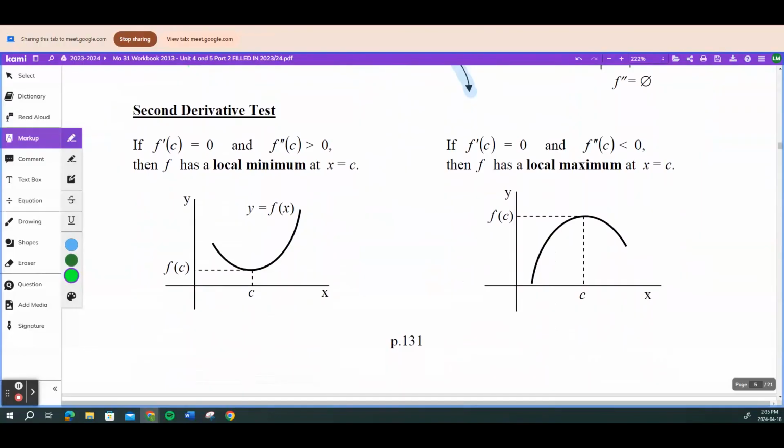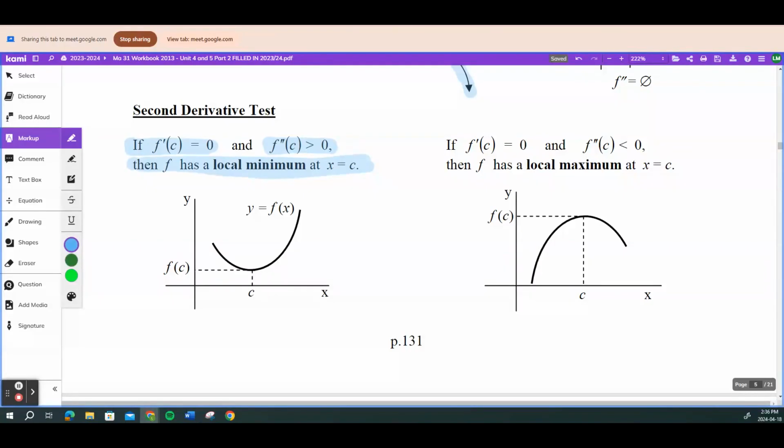Okay, so for our second derivative test, if our slope at some point x equals c is equal to 0, and our second derivative at x equals c is positive, then that tells us that we have a local minimum at x equals c.